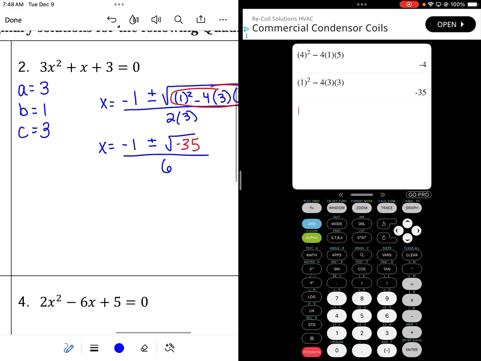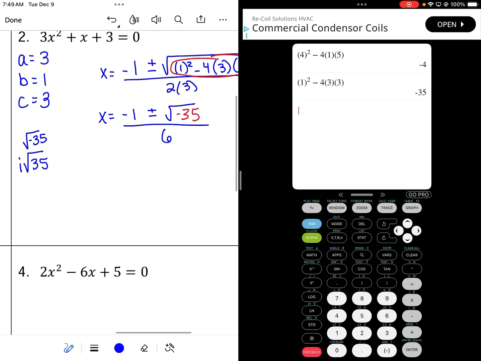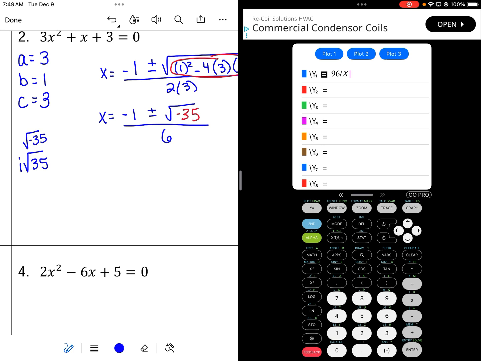Okay, we need to do something with that square root of negative 35. So I'm going to write it over here. Just simplify it how? Yeah, imaginary number and square root of 35. And then you look and see if square root of 35 has any perfect square factors. So remember how we do that? Go to y equals.